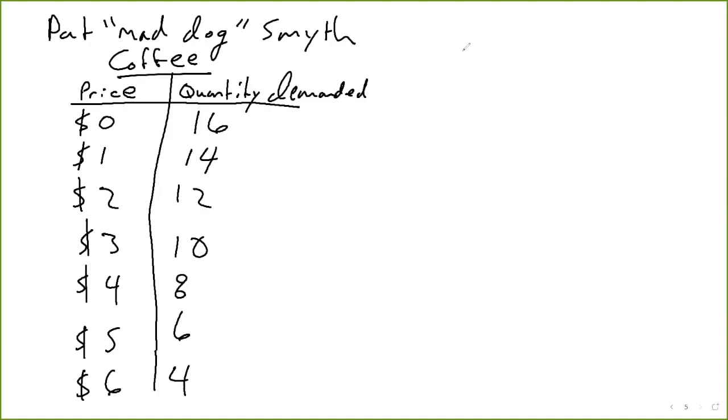And so this table that we just drew, right, that relates price to the quantity demanded is called a demand schedule. Which is just that. It tells you what the quantity demanded is at different price points. And notice that the demand schedule obeys the law of demand. As prices are increasing, the quantity demanded is decreasing.